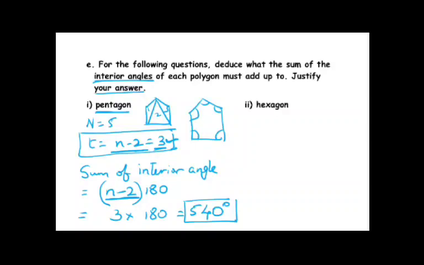Now we want the sum of interior angles of a hexagon. So that's a hexagon. Alright. So that means you have to add up all the angles.